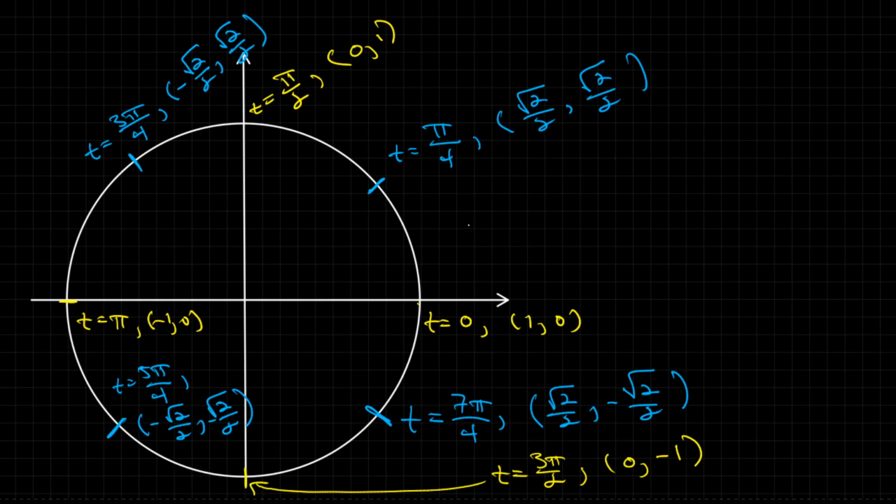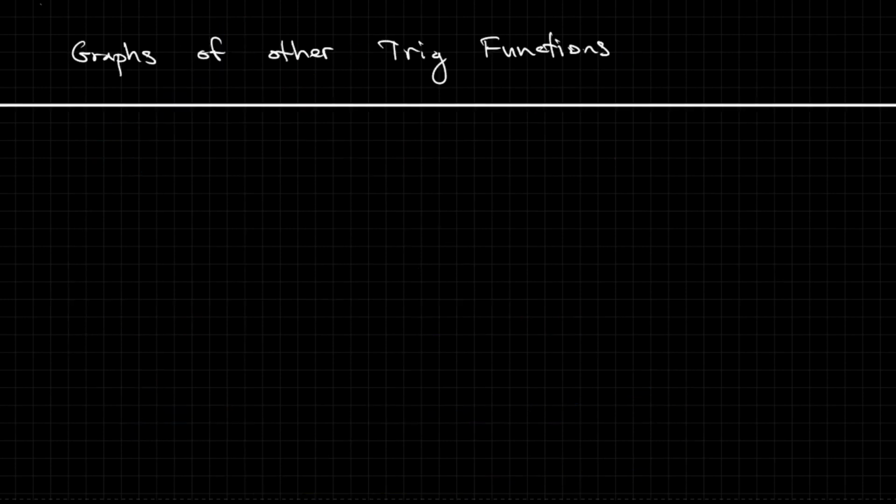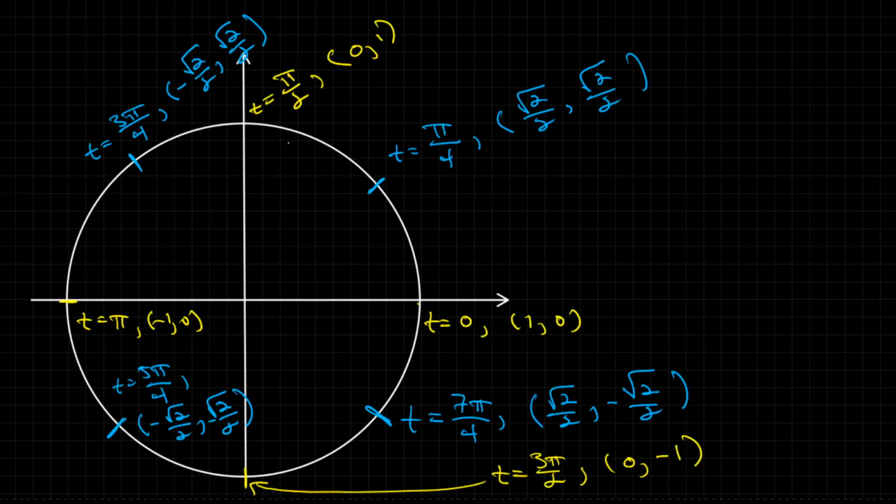In order to determine this, it's useful to note where the tangent function is not defined, because remember that tangent of t is equal to the y-coordinate divided by the x-coordinate on the unit circle. So if this x-coordinate is 0, the tangent function is not defined because you cannot divide by 0. And so on the unit circle, there's two places where the x-coordinate is 0.